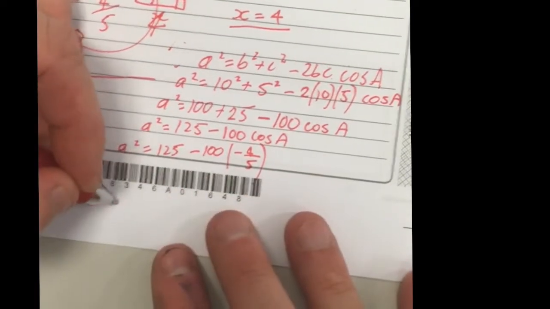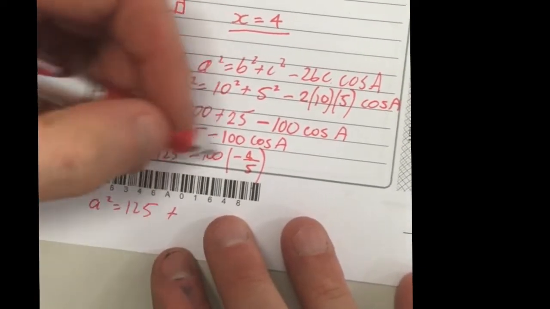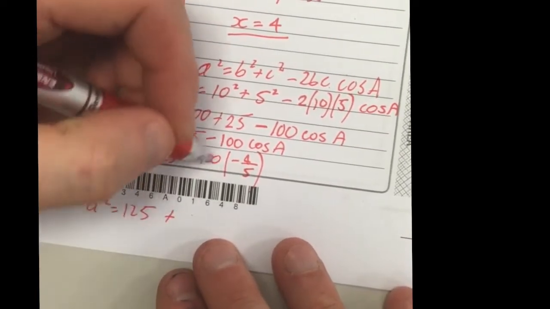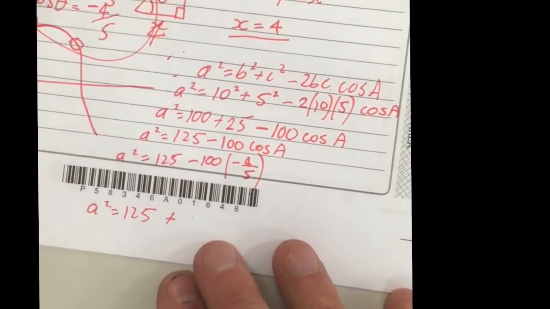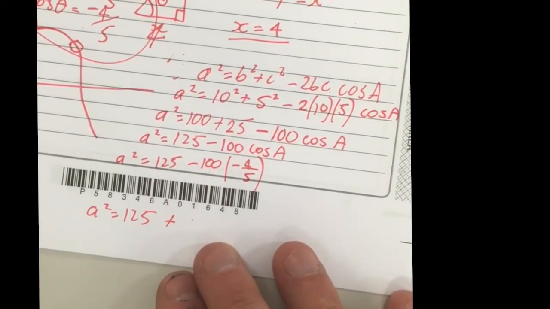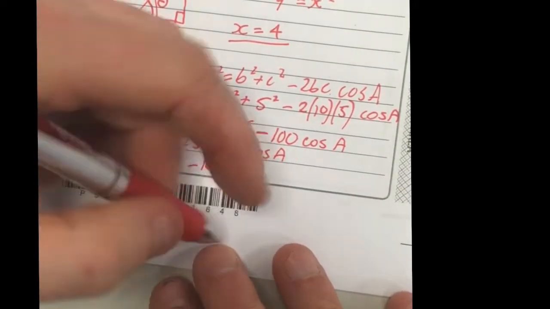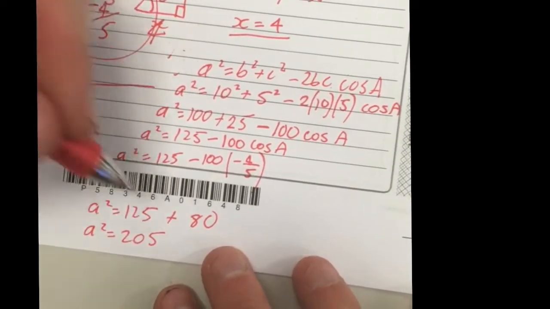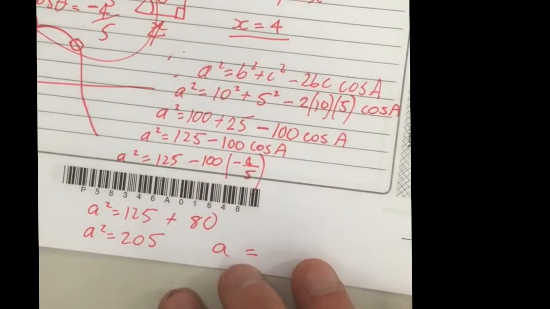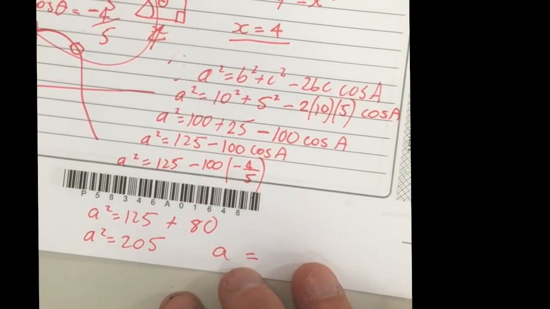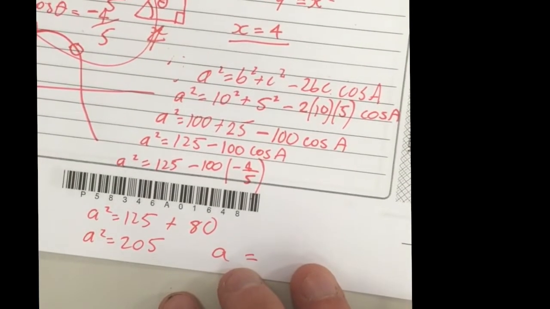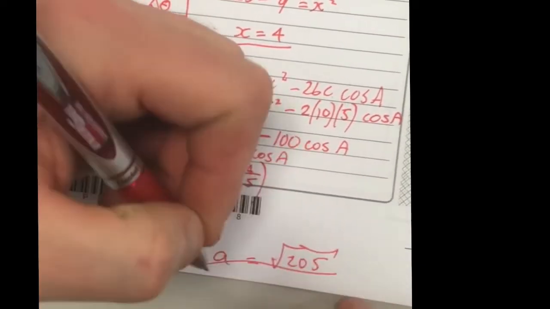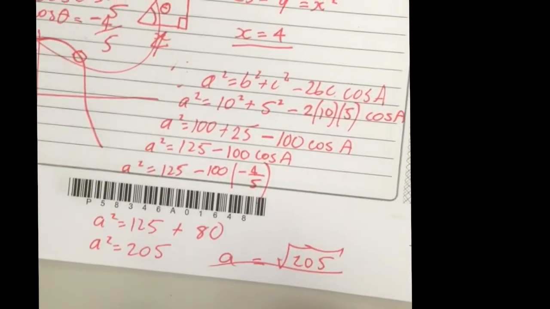So a squared equals 125 plus 80, so a squared equals 205. So a equals root 205, which is about 14, so it's bigger.